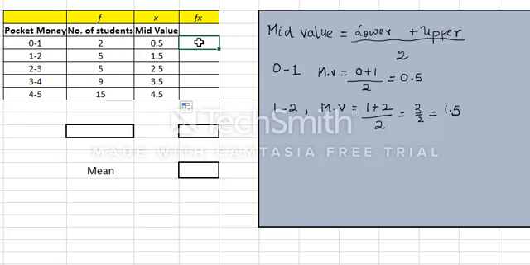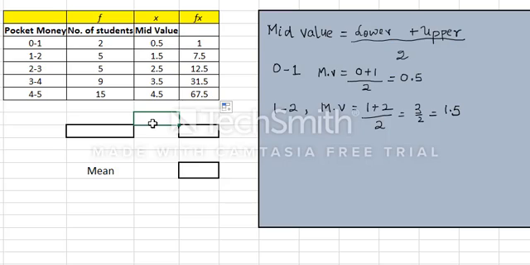Now, let us fill in the values in the next column, the column of fx, which means the frequency multiplied by the mid value. So that is equal to frequency multiplied by the mid value. Alright, so let us complete the values for the remaining entries, and that's the way it goes.